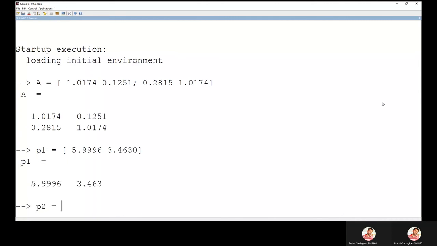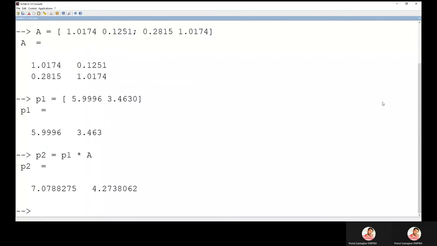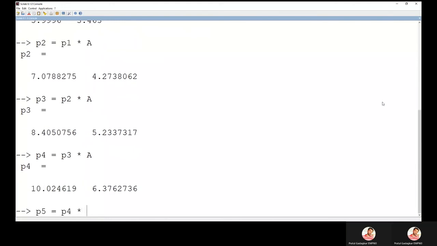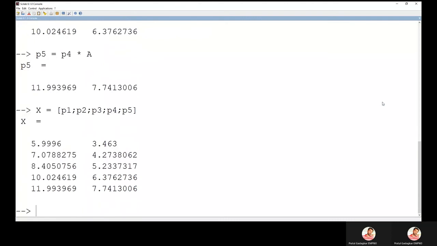The second point P2 is P1 star A. The third point P3 is P2 star A. The fourth point P4 is P3 star A. The fifth point is P4 star A. So these are the 5 points. Let me put them in a single matrix: P1, P2, P3, P4, and P5.